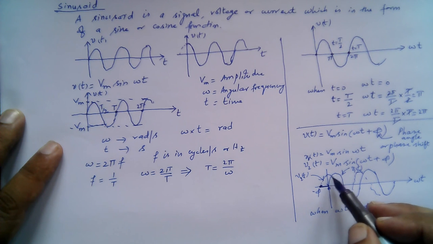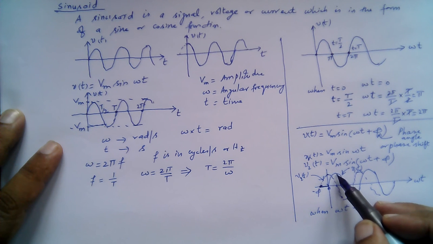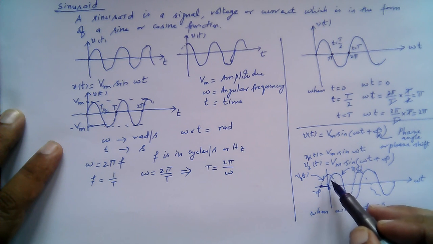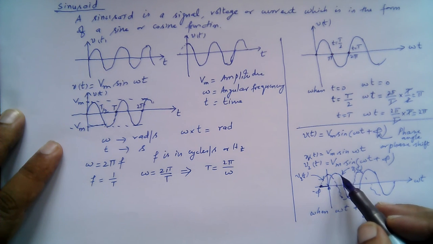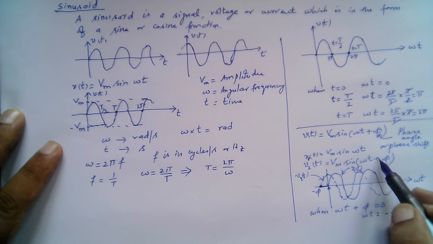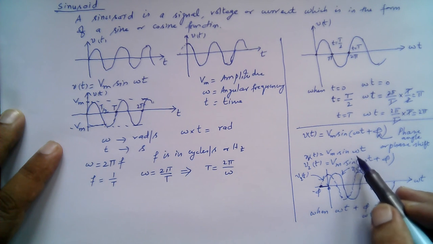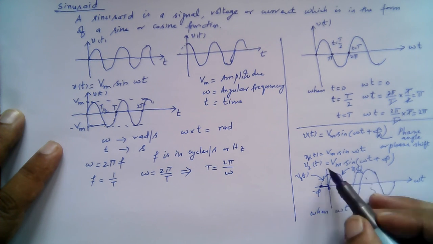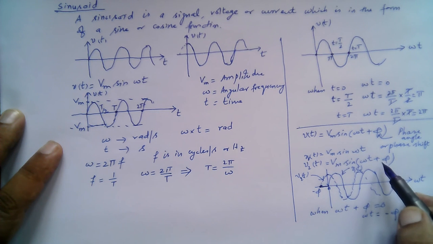Likewise, this peak value for v2 occurs before it occurs for v1. So again, we say that v2 leads v1. And also from here we see that we have a positive plus sign here, so we say that v2 leads v1 by phase angle phi.